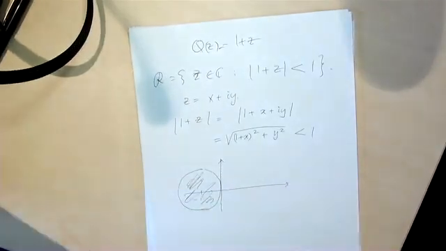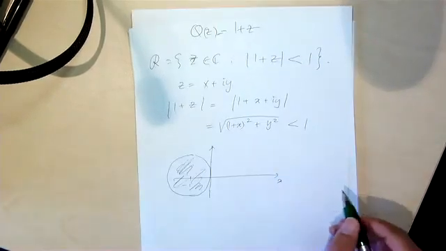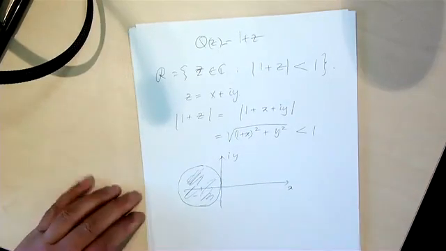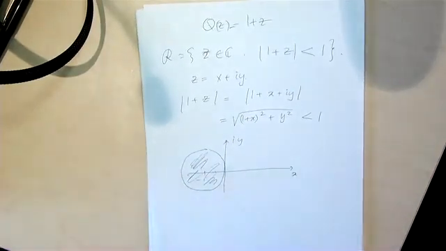Yeah, so that's exactly this region. You see, this is minus 1. This one is x, and this one is iy. So this is the complex plane. So just plot the region in the complex plane. So this is my sketch, and this is a nice picture.